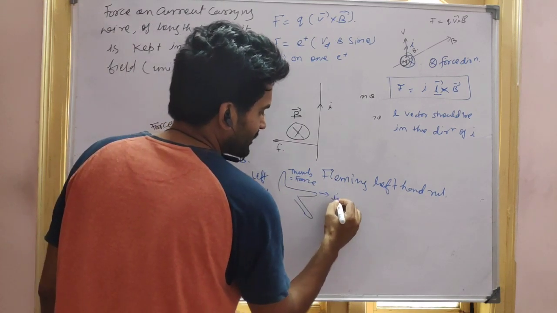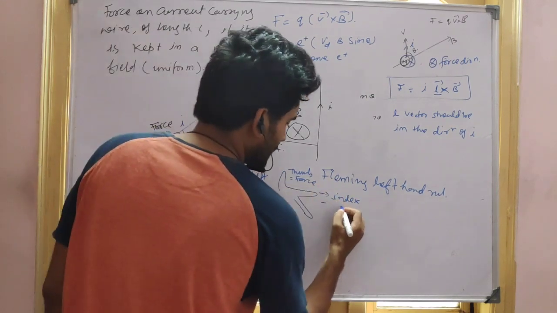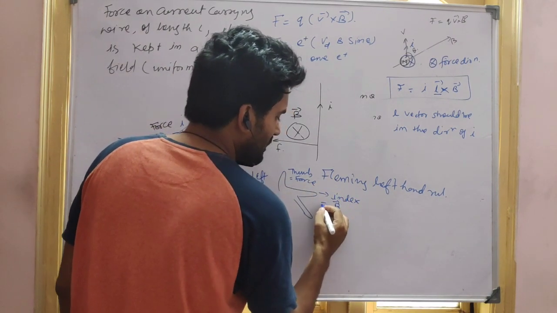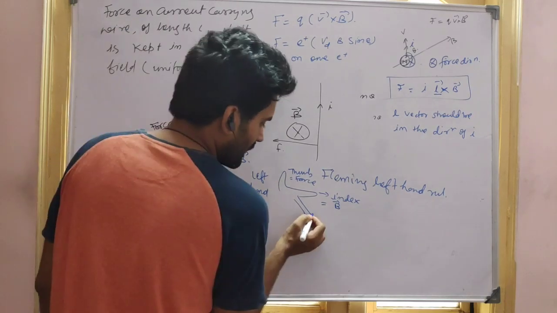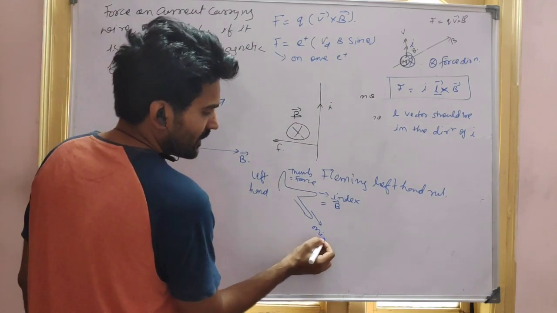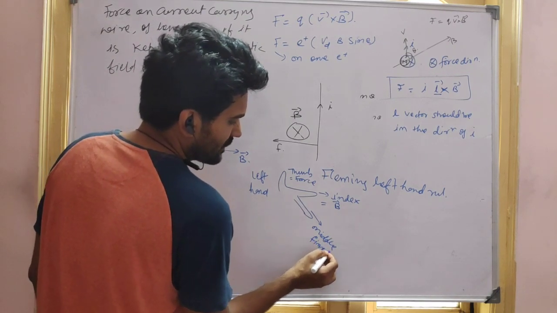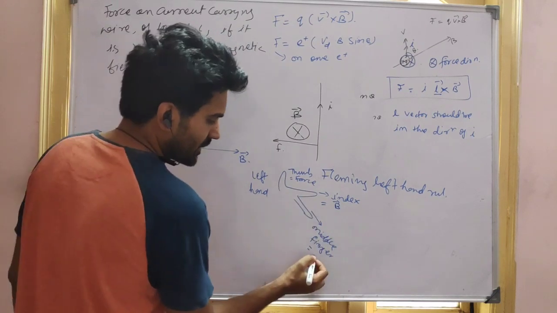The index finger will show B, the magnetic field. And the middle finger, I, will show the current.